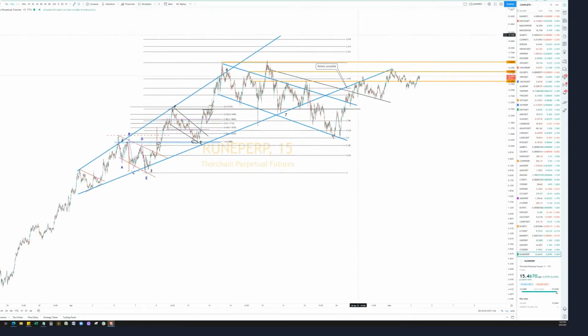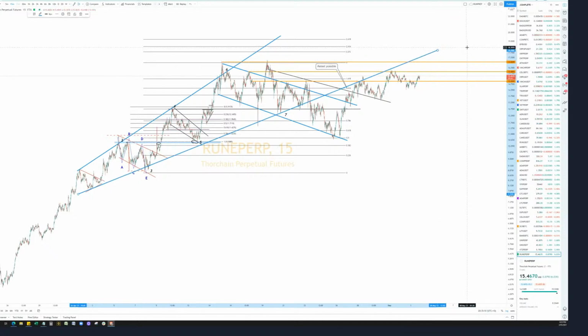So you can see this one keeps finding its resistance on this level. Run perp was doing great, but hasn't given me anything to enter. Theta, such a disappointing one.